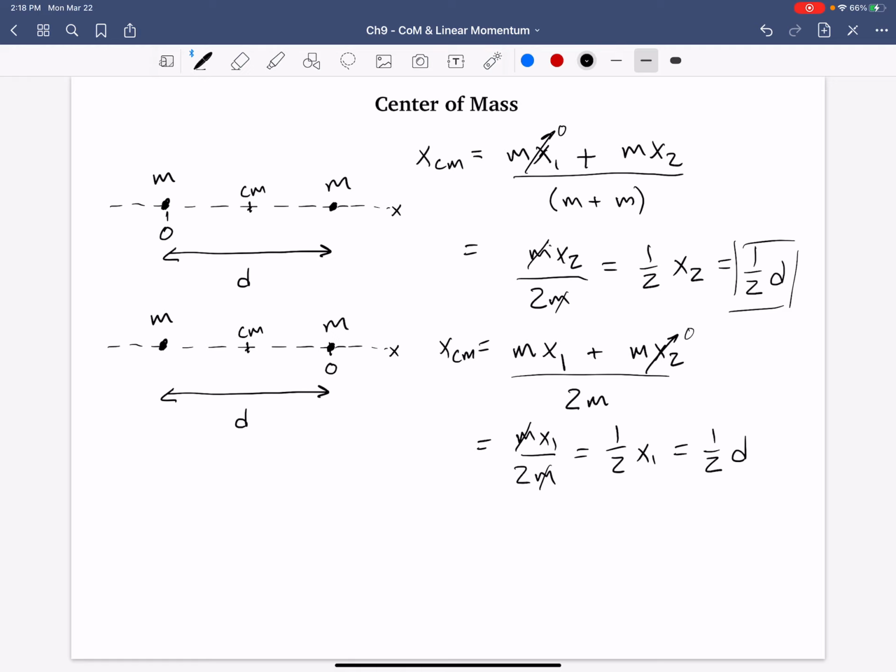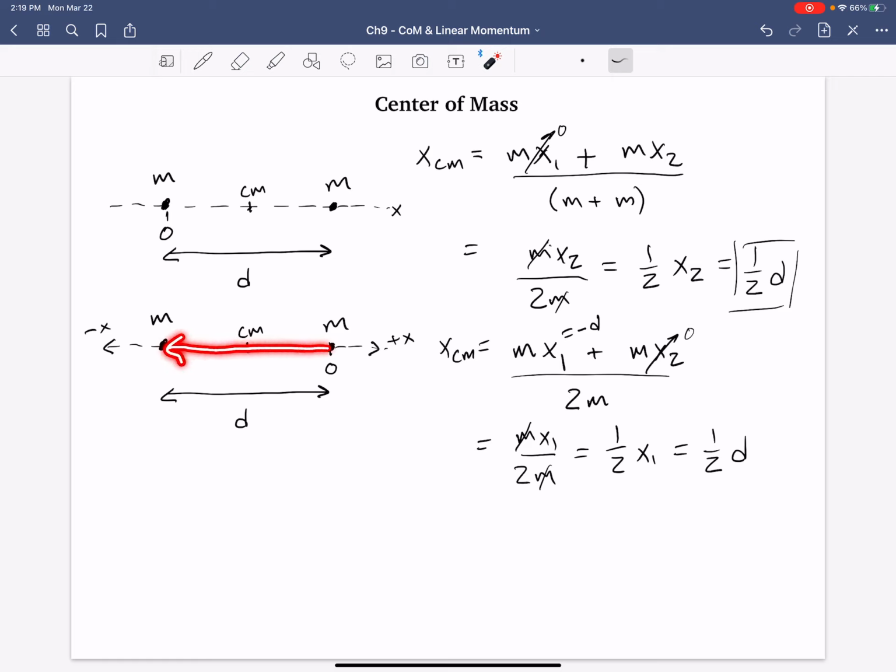And in fact, let's do that really quick. Let's say to the right is positive, and that's negative. That means when we evaluate the numerator, in this case, x2 will still be 0, but x1 will equal negative d, because you're going from 0 in this direction.